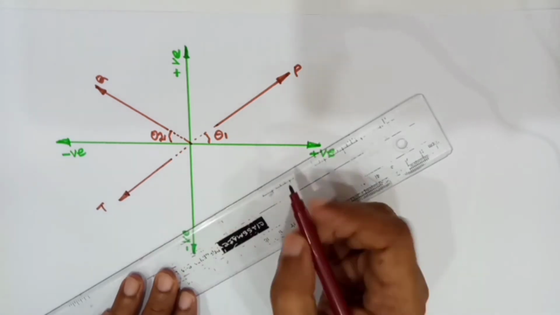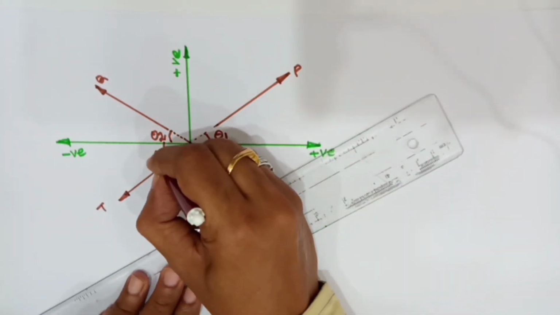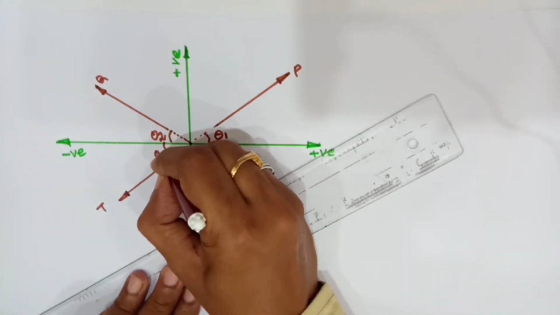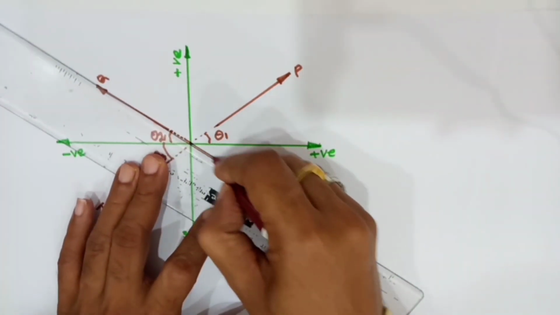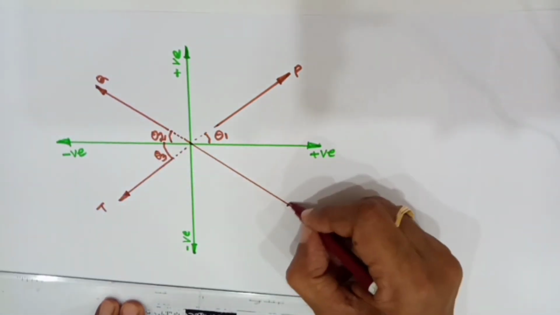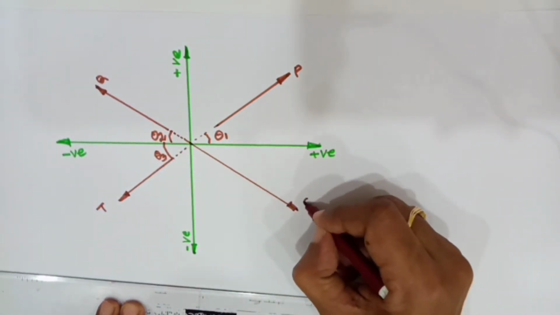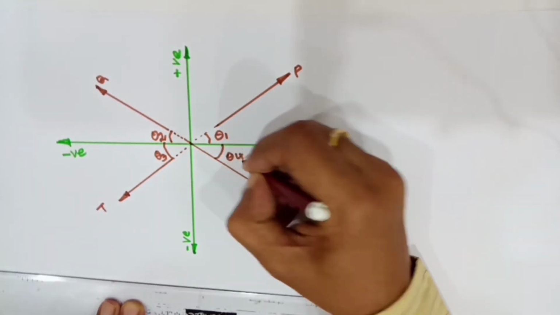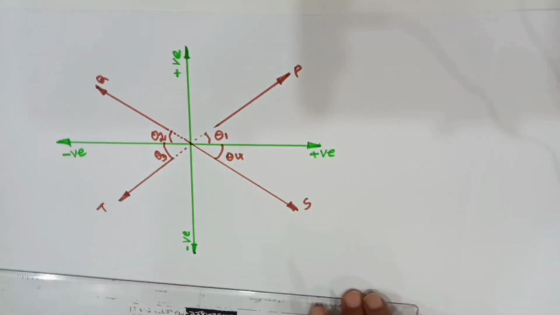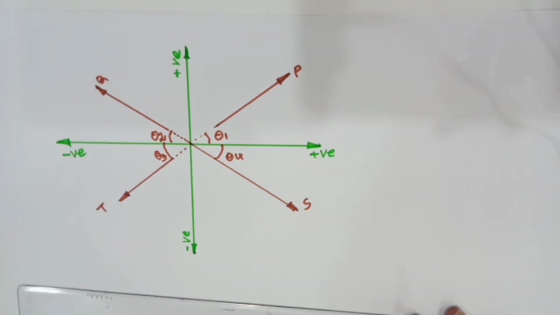Force T is making an angle theta 3 with the x-axis. Force S is making an angle theta 4 with the x-axis. Now, these four forces are in four different quadrants. We have to resolve these forces. That is, for each force we have to find the horizontal component as well as the vertical component.